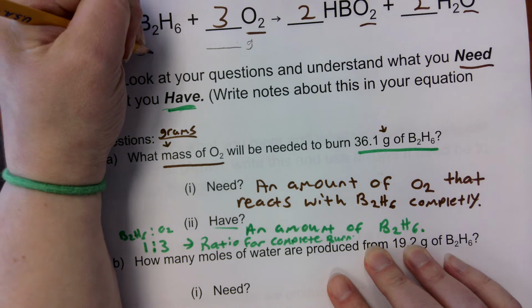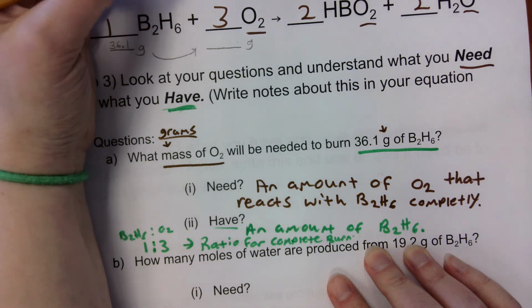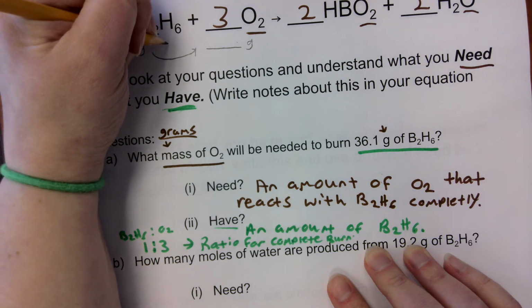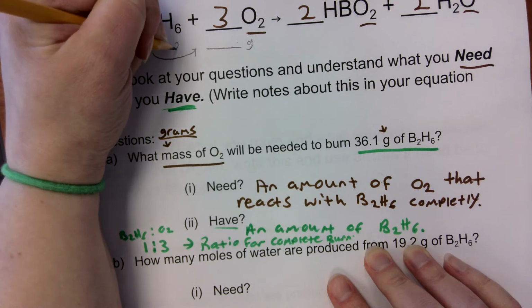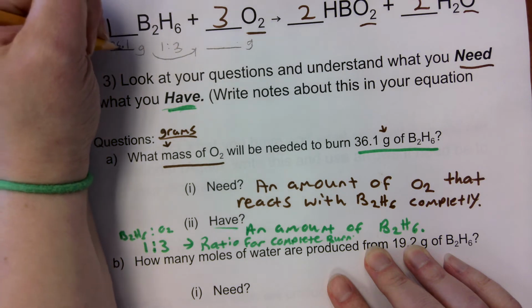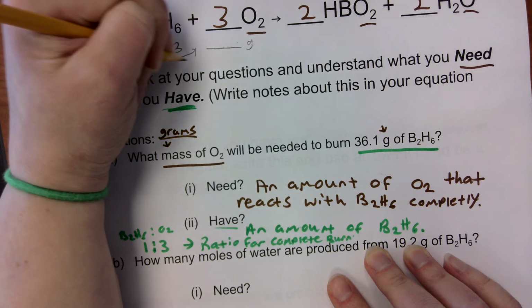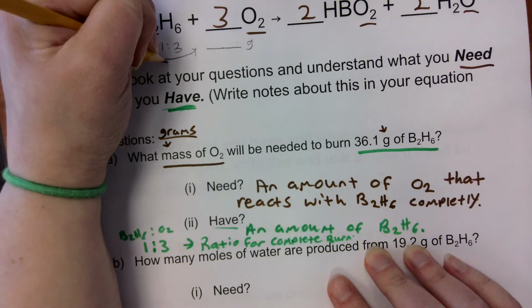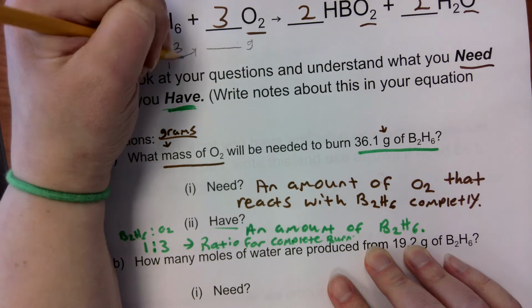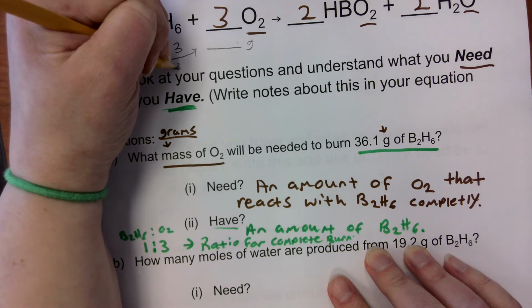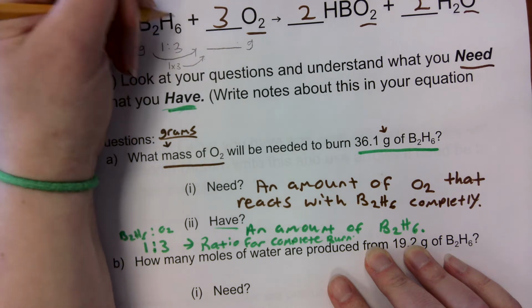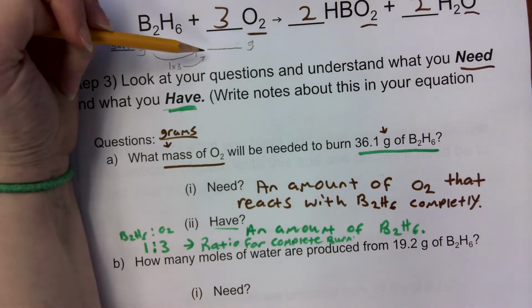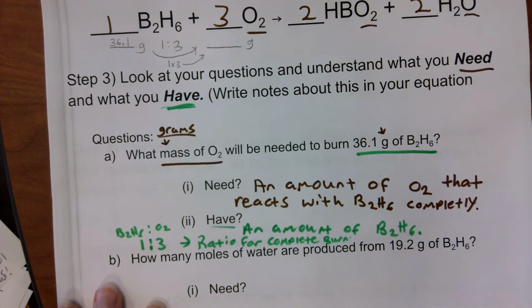And we're trying to figure out what we need for that, knowing that we have a 1:3 ratio, meaning that whatever we find on this side has to be times by 3 to get our grams of oxygen over here. Okay?